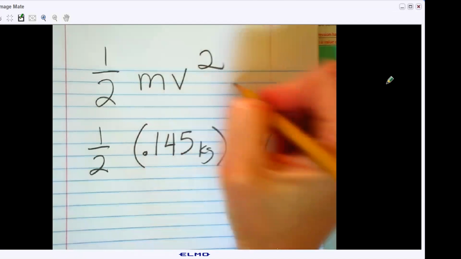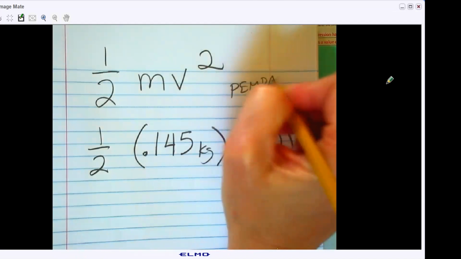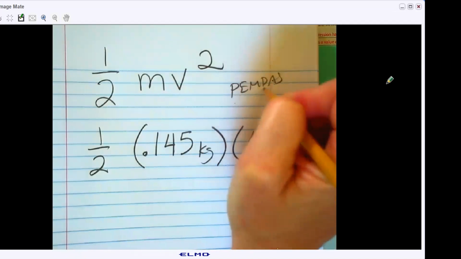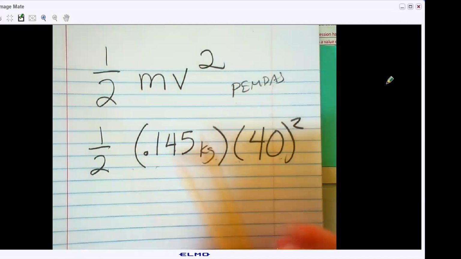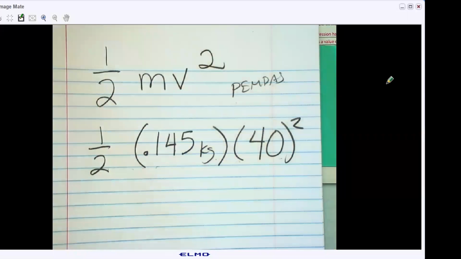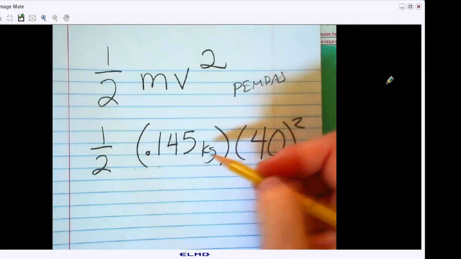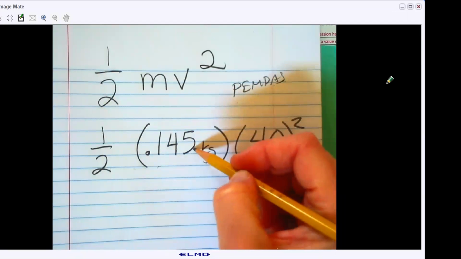Yes, because PEMDAS says parentheses, exponents, multiplication, division, addition or subtraction. So these parentheses, I would do those first if there was something to do inside of them. Like 0.145 plus 2, so if there was an operation inside there, I would have to do that.